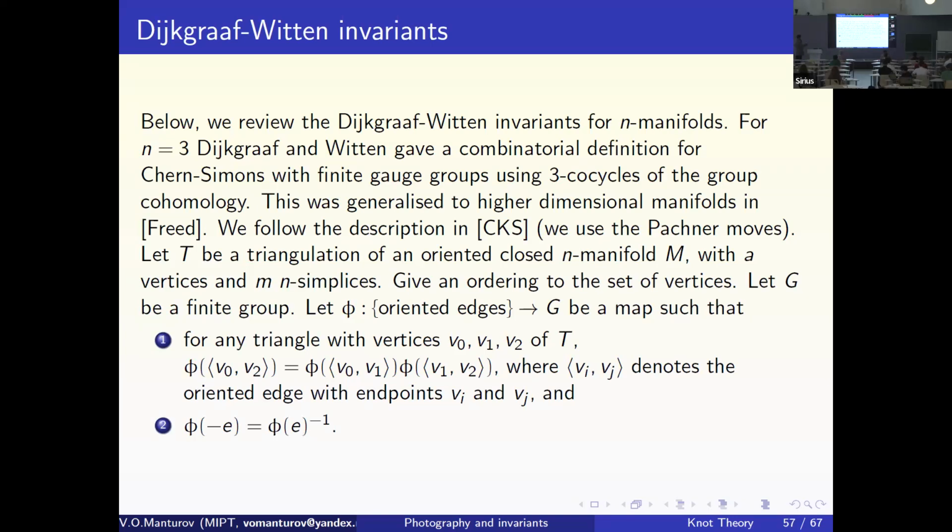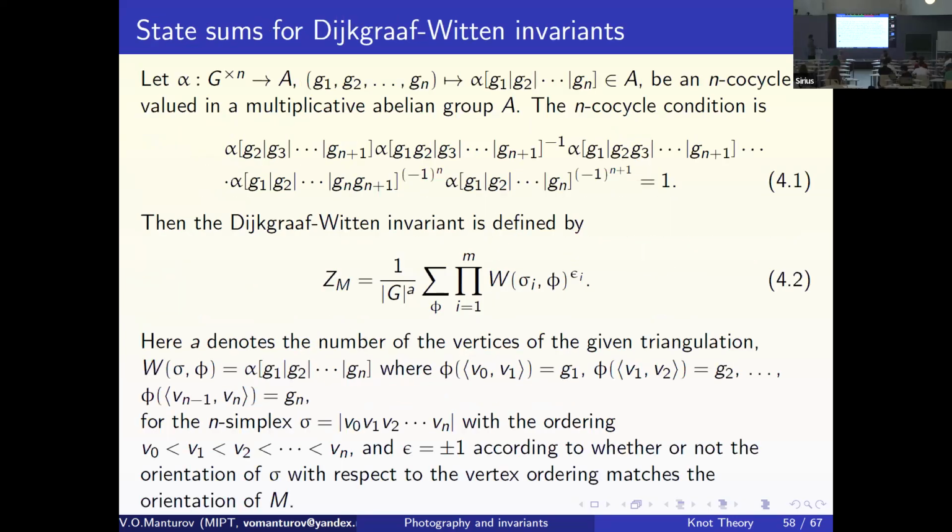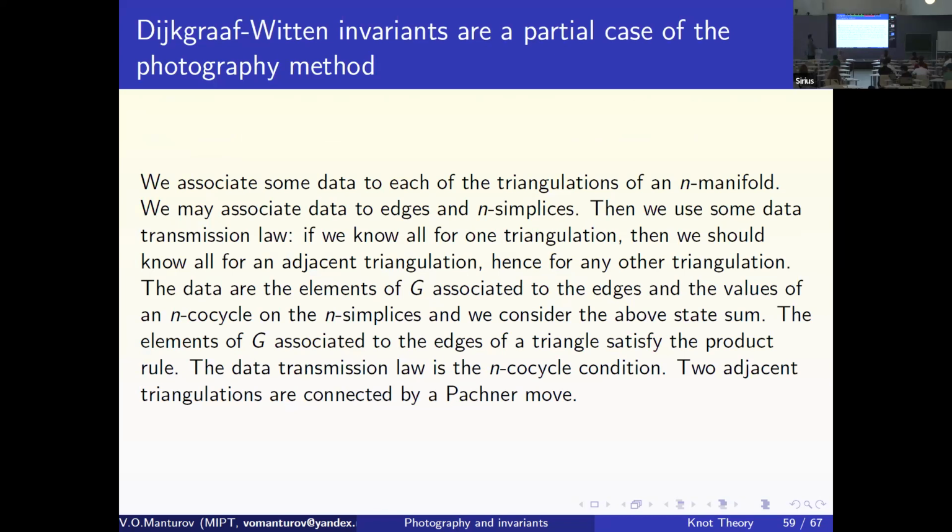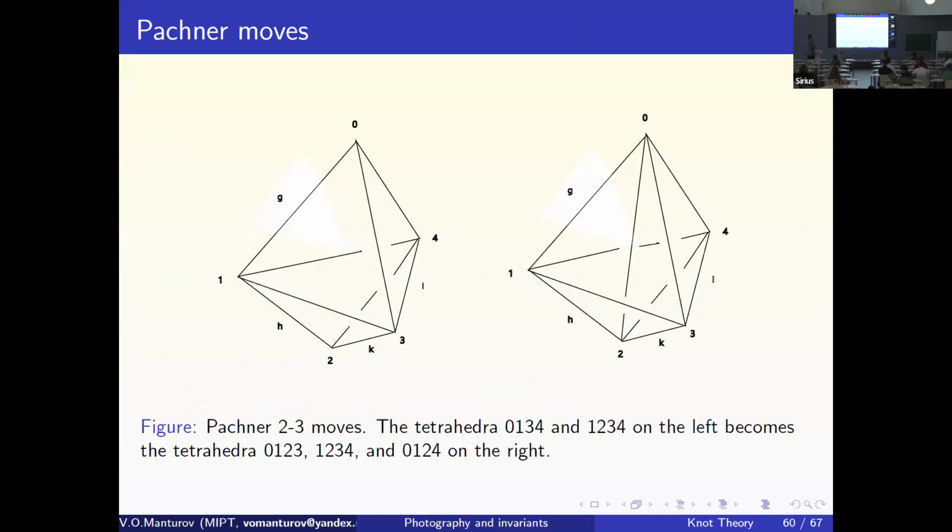Actually, here are some formal definitions of what de Graaff-Witten is. So we have some group, we have some complex, but maybe the crucial thing we have for de Graaff-Witten is as follows. We have some laws for data transmission for edges.